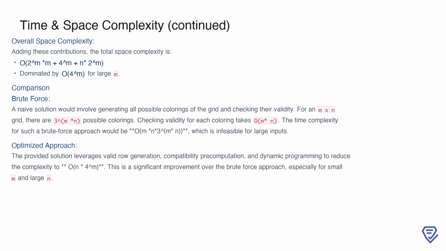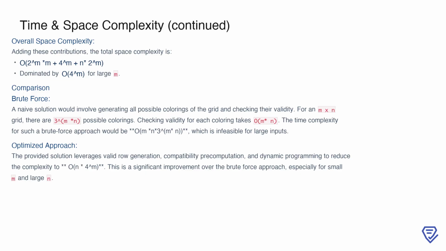contributor. To better understand the efficiency of the optimized approach, we can compare it to a brute force solution. A naive method would involve generating all possible colorings of the grid, which amounts to 3^(m*n) combinations for an m by n grid. Checking the validity of each coloring would take O(m*n) time, resulting in an overall time complexity of O(m*n*3^(m*n)).